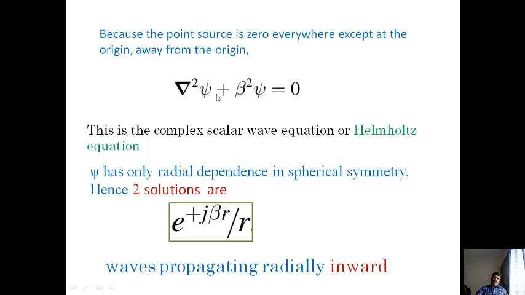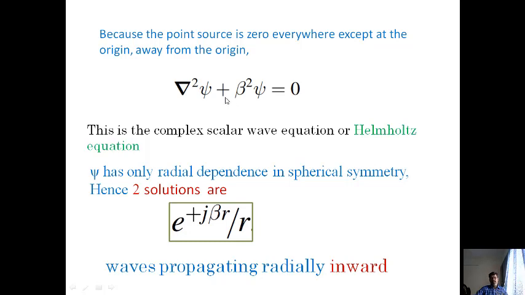Let us replace this del square by the r dependence. We can replace this by dou r square plus beta square of psi equals 0. Then we can compute the psi.